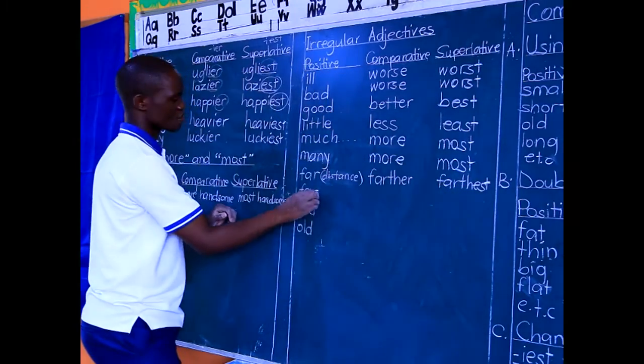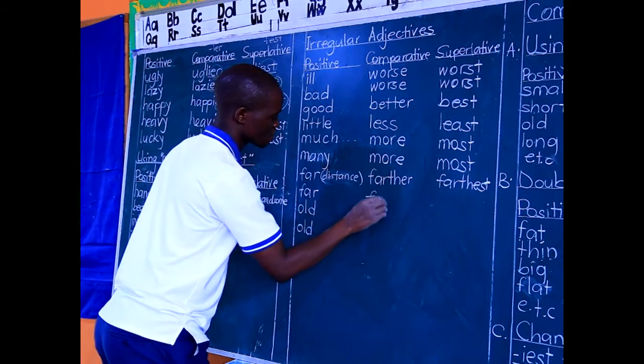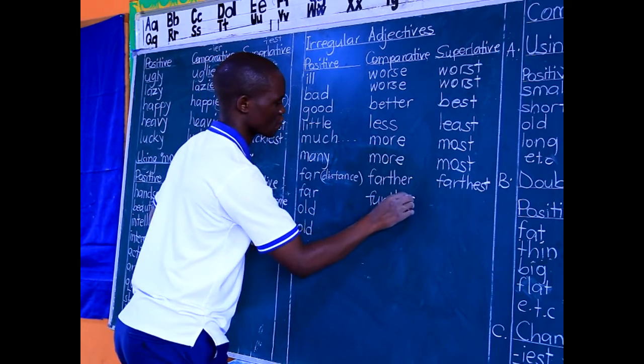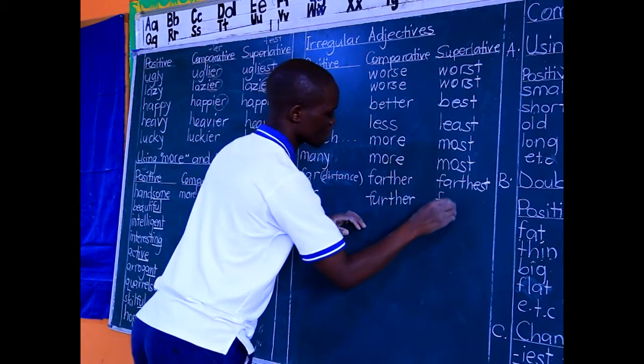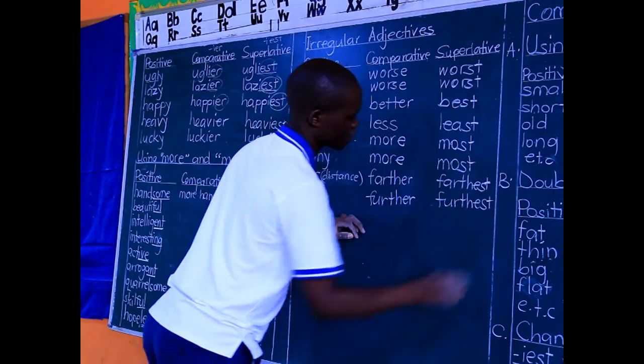We have far, which can mean more, changing to further, F-U-R. In fact, for distance, we can use F-U and F-A. Farther and farthest. F-U-R-T-H-E-S-T. Further, furthest.